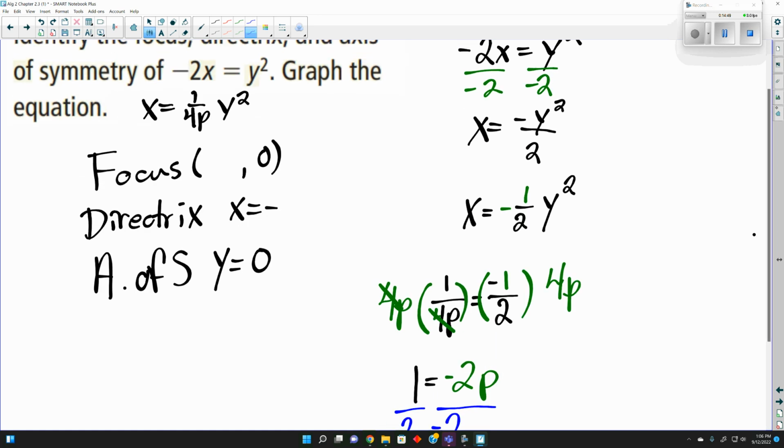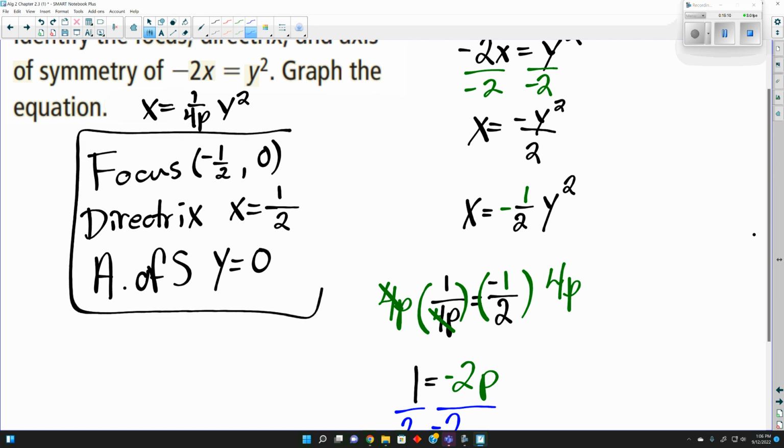So the focus, p comma 0, is going to be negative 1/2 comma 0. Now the directrix is negative p, so it would be just 1/2. And that's it.